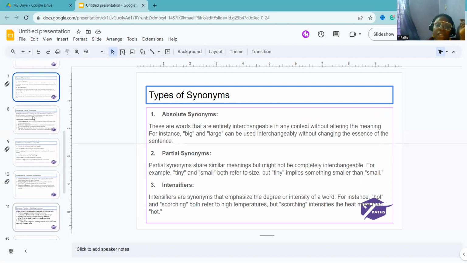Sometimes you want to avoid using very in some contexts, like very big. So instead of very big, you use large. You know that big and large are the same, but when you say something is very big, it's large. They are still the same, but one is stronger than the other. Like tiny and small: small is small, tiny is stronger. That's what partial synonyms are.